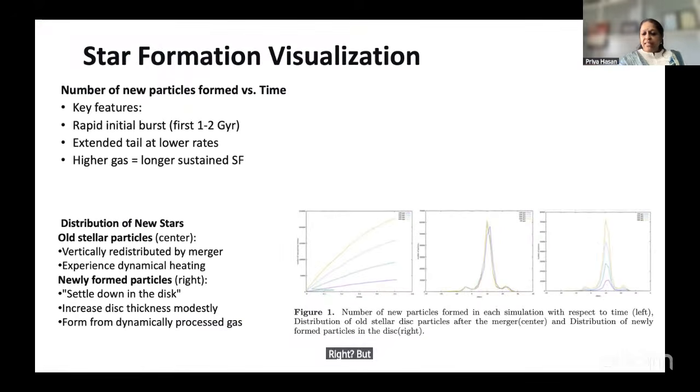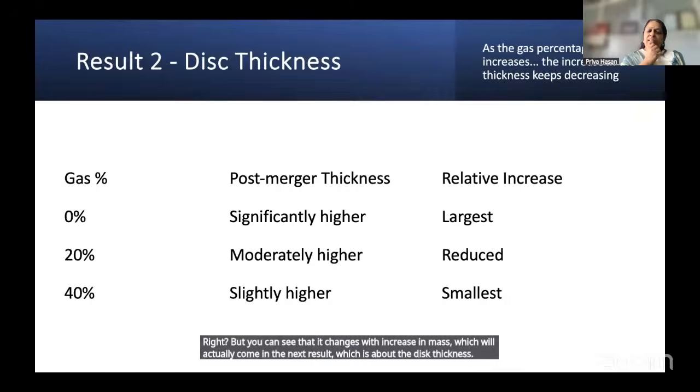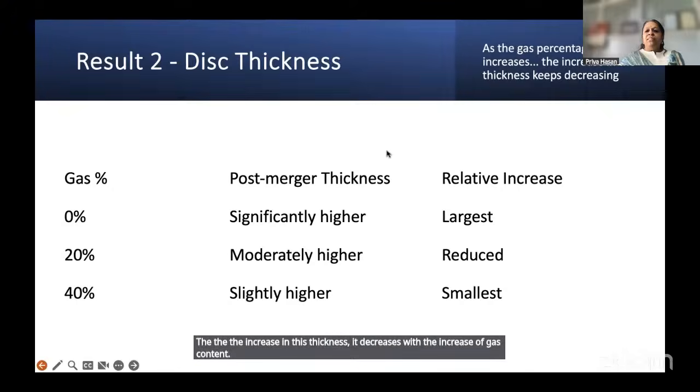But you can see that it changes with increase in mass, which will come in the next result, which is about the disk thickness. So what we found is that, obviously, with the merger you do have an increase in the thickness, but this increase decreases with the increase of gas content. Okay, so as the gas percentage increases, the increase in thickness keeps decreasing.